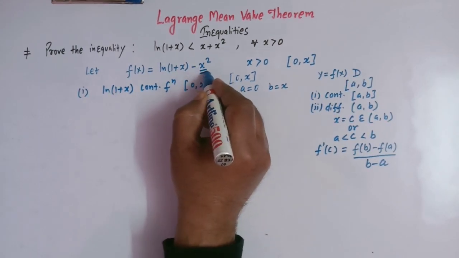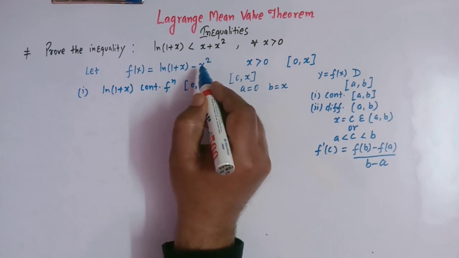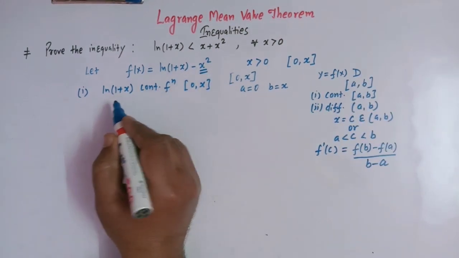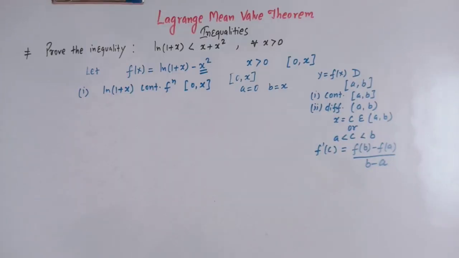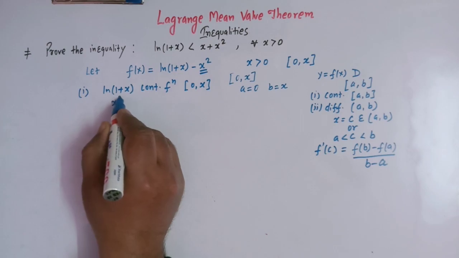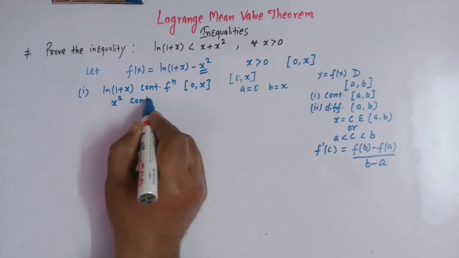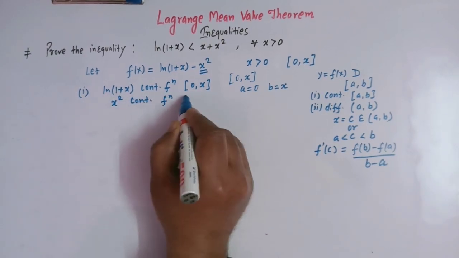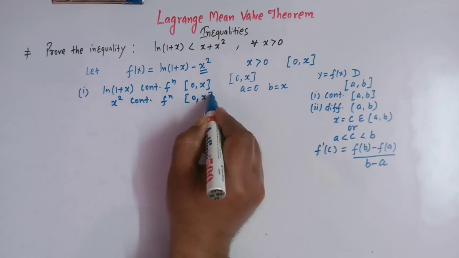And similarly here we have the quadratic function or the polynomial function. So we know that a polynomial function is a continuous function in its domain. So here x square is also a continuous function in the interval 0 comma x, right?